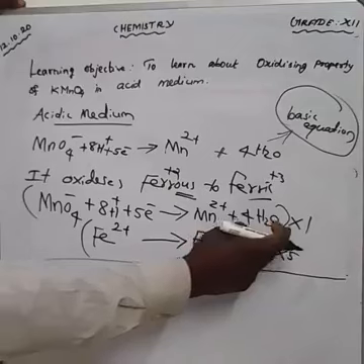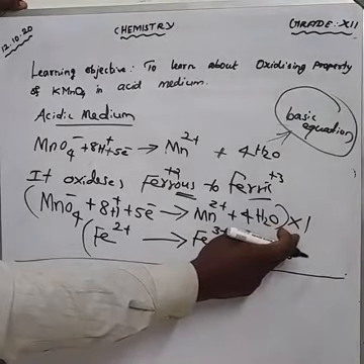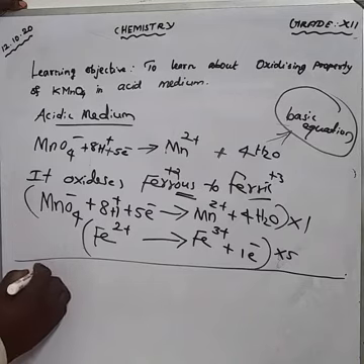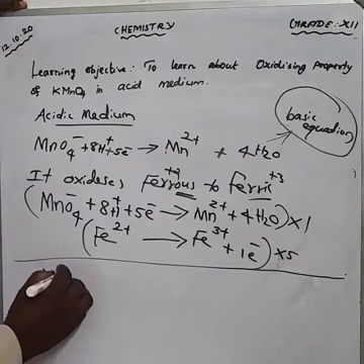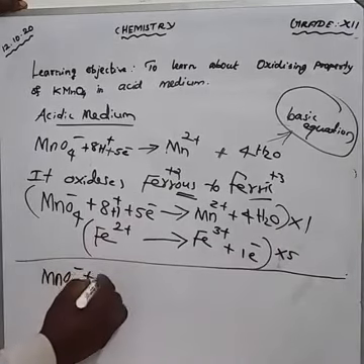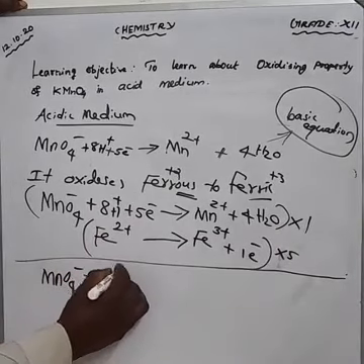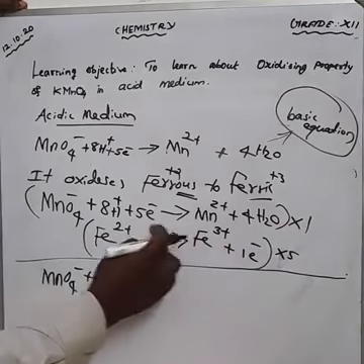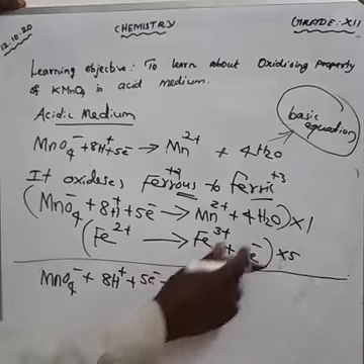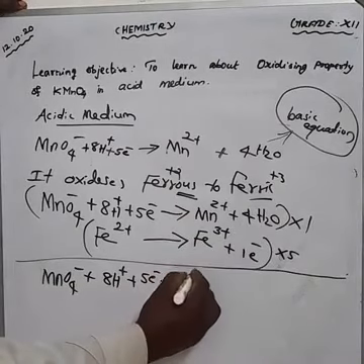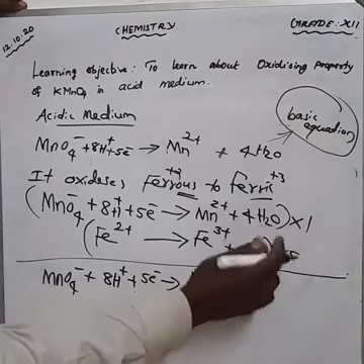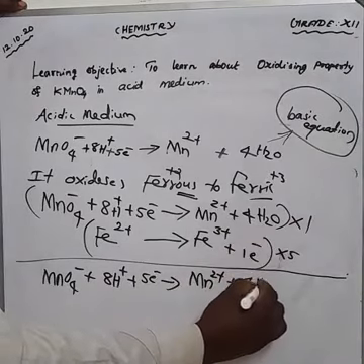Multiplying, first 1 into MnO4 minus, plus 1 into 8 is 8 hydrogen, plus 1 into 5, 5 electrons, 1 into Mn2+, 1 into 4 molecules of water we get.